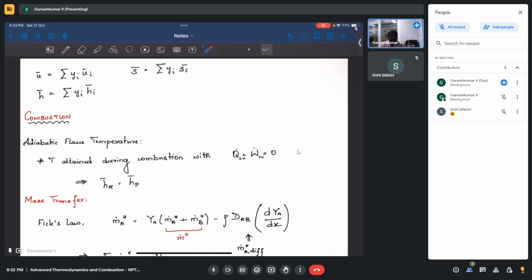During this process you will take heat out of the system. To define its performance, we define something called heat of combustion, delta Hc, which is nothing but the heating value of any fuel.